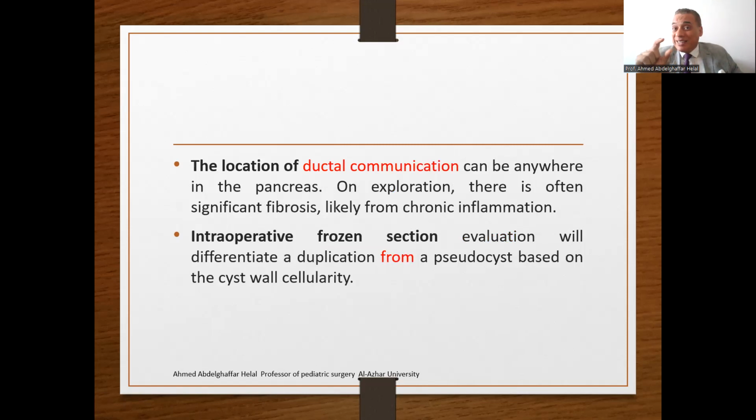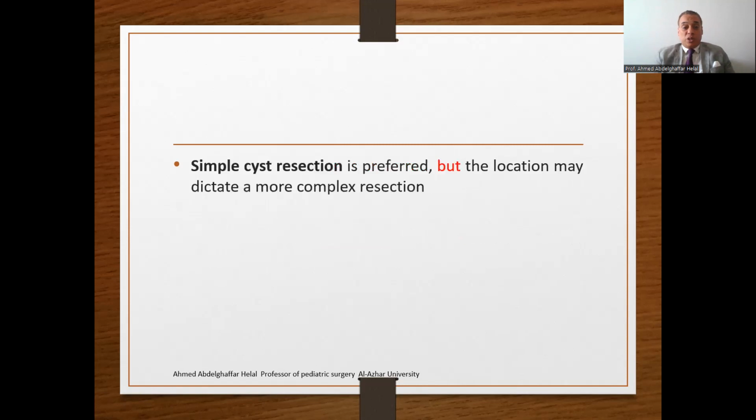The location of the ductal communication can be anywhere in the pancreas. On exploration, there is often significant fibrosis from the chronic inflammation. Intraoperative frozen section evaluation will differentiate a duplication cyst of the pancreas from a pseudocyst based on the cell wall cellularity.